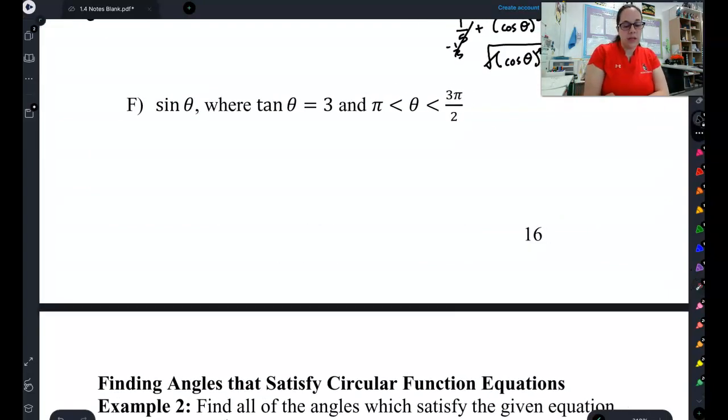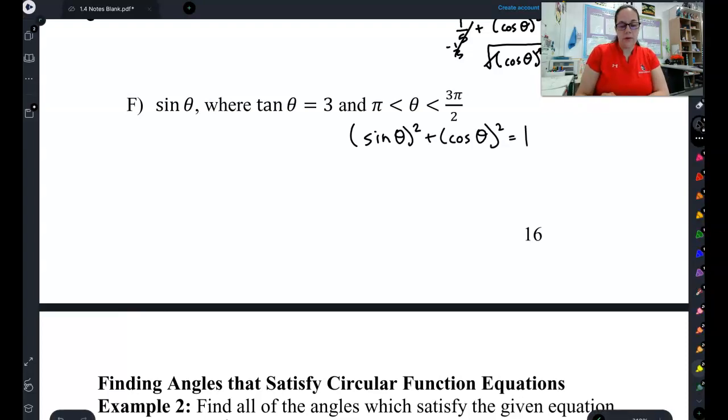This one is, once again, a little bit more complicated than the ones we did last lesson. This is still a Pythagorean identity problem, except this time we are given tangent of theta equals 3. But that's not helpful. I don't have tangent of theta in my Pythagorean identity.